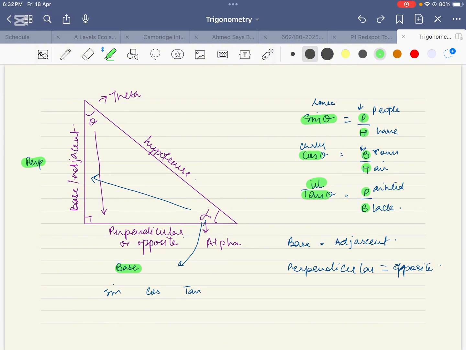Or where teachers use opposite and adjacent, they use SOH, CAH and TOA. Opposite upon hypotenuse, adjacent upon hypotenuse, opposite upon adjacent. Both are easy ways to remember these ratios.